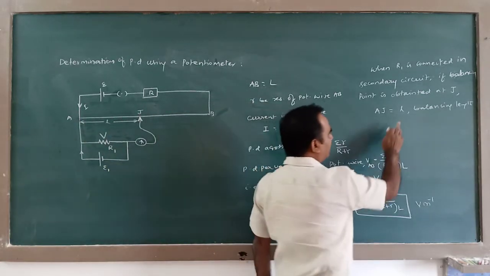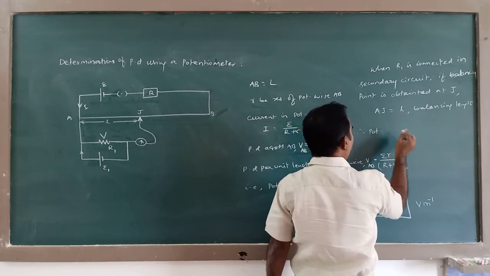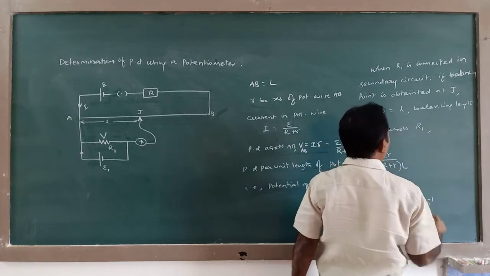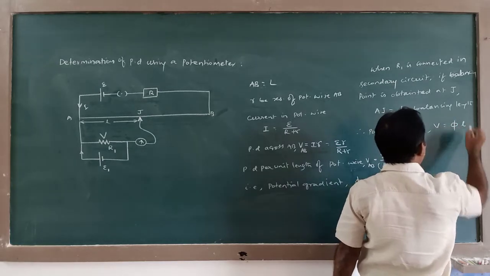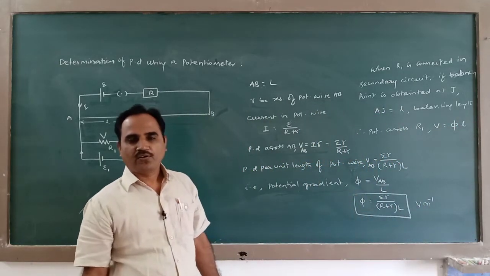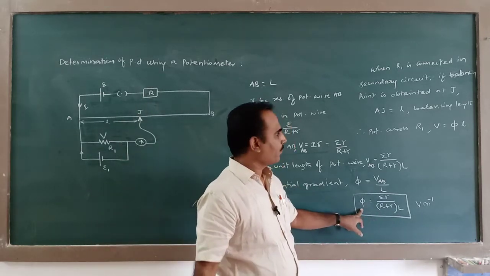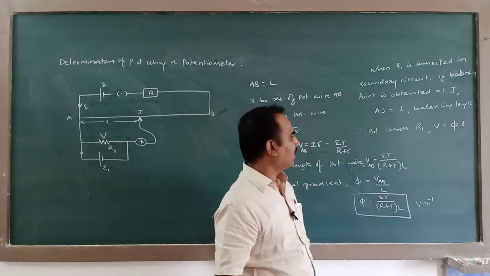That is balancing length L. Therefore, potential difference across R1, V, is equal to phi into L. Because per unit length, this is the potential difference. For length L, potential difference is phi into L.